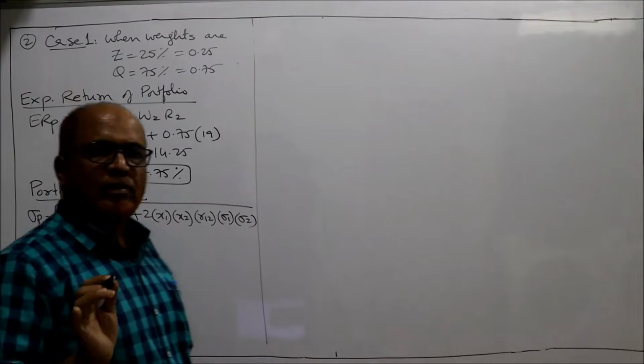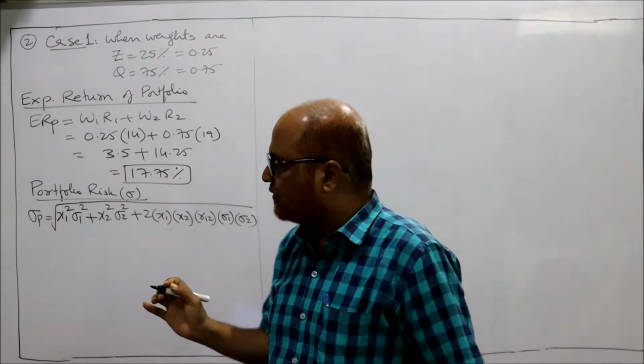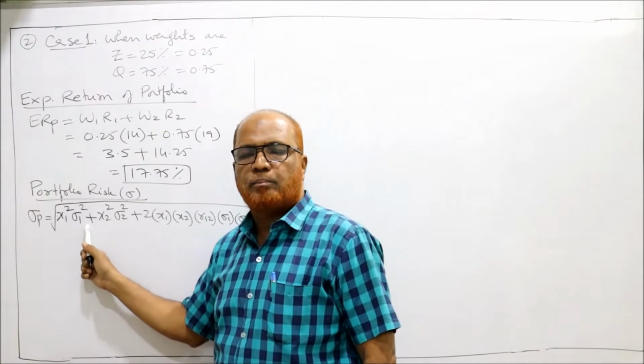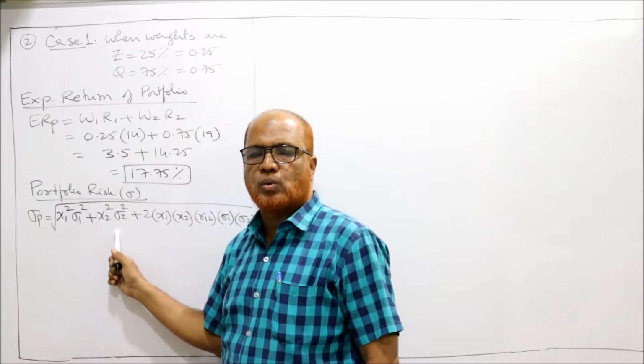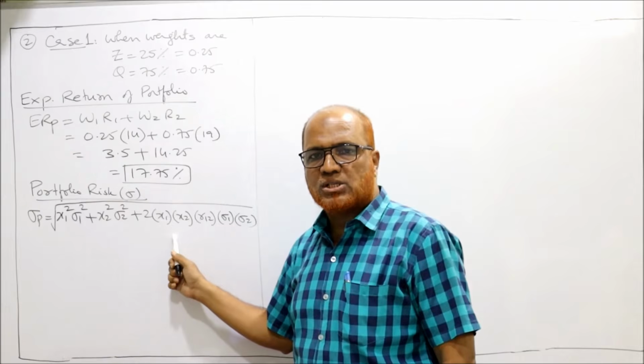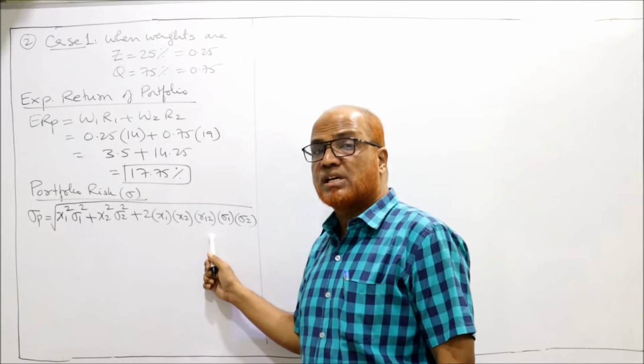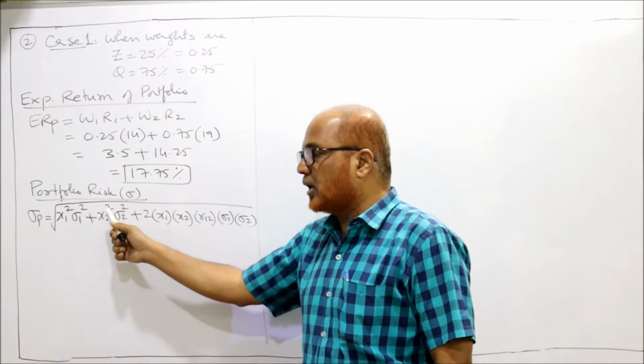See carefully. Sigma P is equal to x1 square sigma 1 square plus x2 square sigma 2 square plus 2 into x1 into x2 into r12 into sigma 1 into sigma 2, under root.